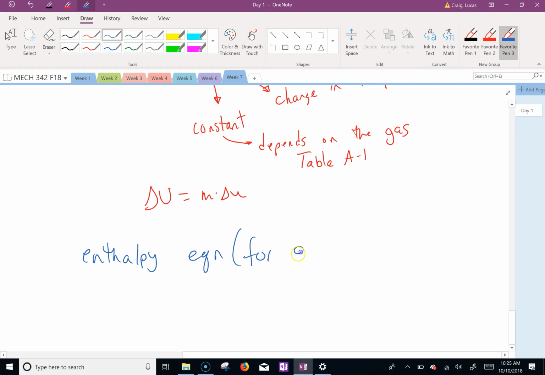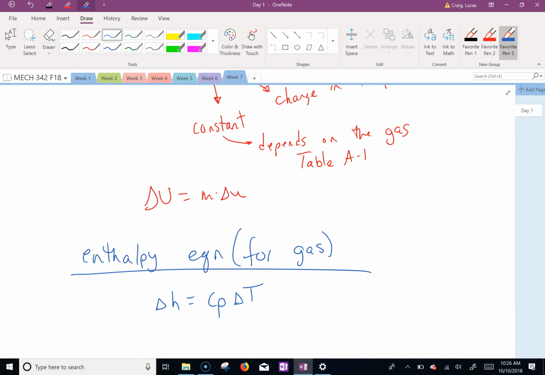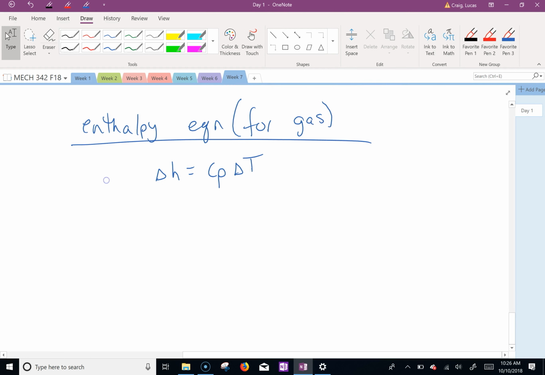And it's only for a gas, this equation. Very similar to internal energy. But we use a different constant. It's called C P. Okay, so the change in enthalpy of a process from 1 to 2 is a constant, which is C P times your change in temperature.